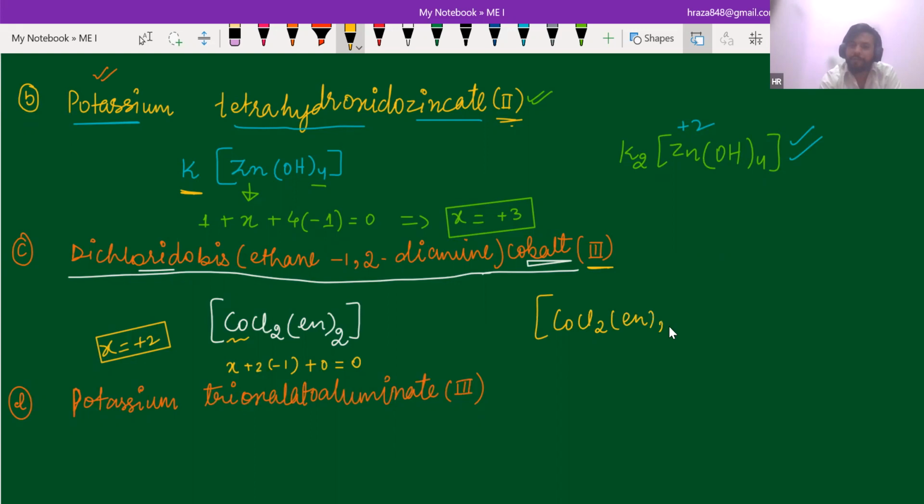There was +2 charge, so I'm going to put plus here, and now it will be +3. Again you can check: X + 2 into -1 plus 0 will be equal to the overall charge, that is +1. So X - 2 = +1, and moving it over, it will be +3. So this is your correct formula for the given name.